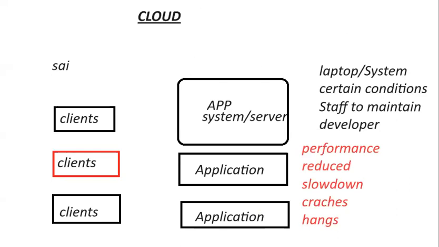Let's say this server is hosted at one location, and another server, the second server, is hosted at a second location. In a similar way, the third application server was hosted at a third location. So in the third location, he hosted his application.